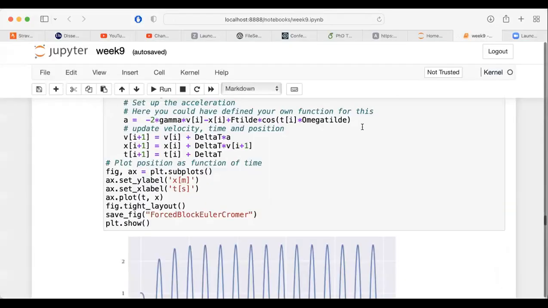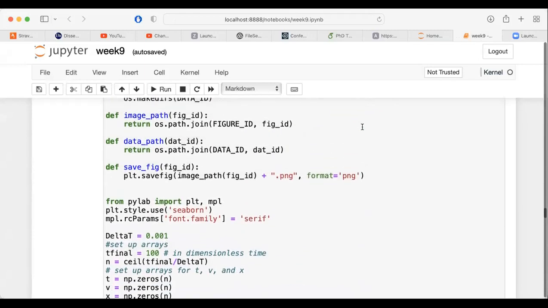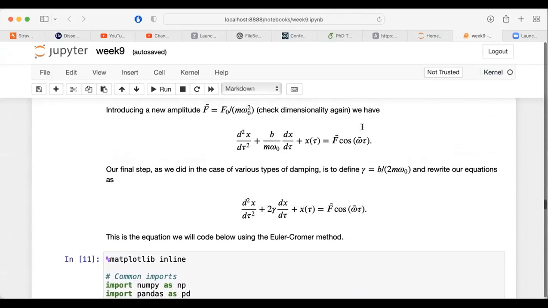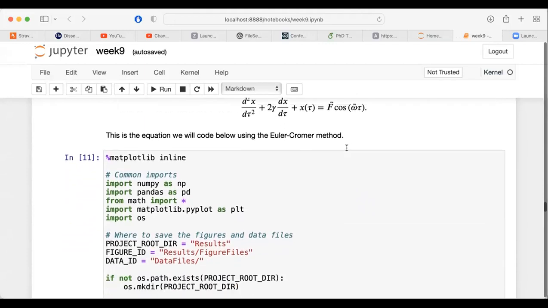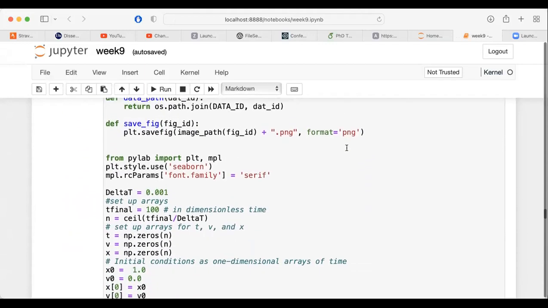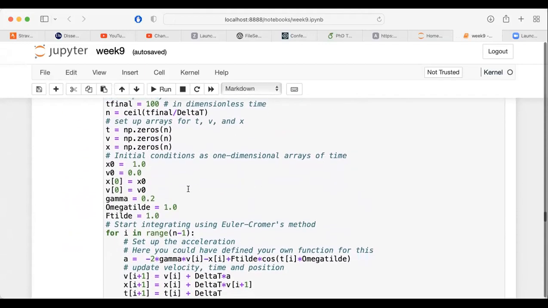So let's take a look at the Jupyter notebook here. And here I have in the lecture notes, this is actually what you will find in the lecture notes. And let's now say, if we have gamma equal 0.2, and gamma is not very small. I put omega equal to the natural frequency of the system. Let's try to run this case.